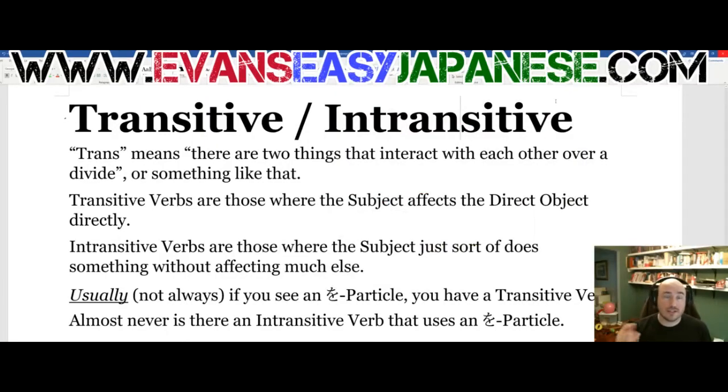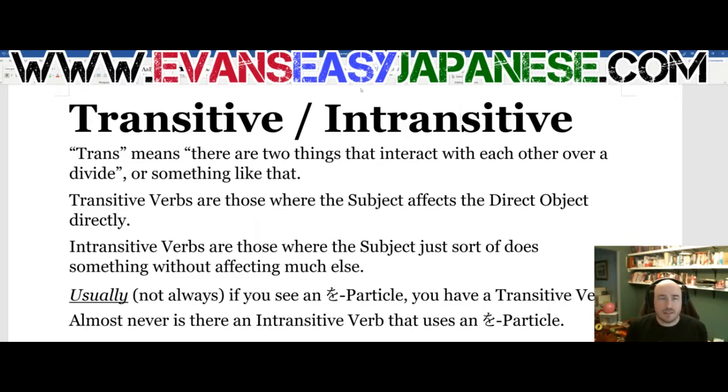Okay, so transitivity and intransitivity are very important when talking about Japanese verbs. However, it's not everything. We also need to talk about affective verbs, which are affective predicates, but I think we're going to talk about it later in this video. Verbs of movement don't abide by the rules the same way that they're supposed to.